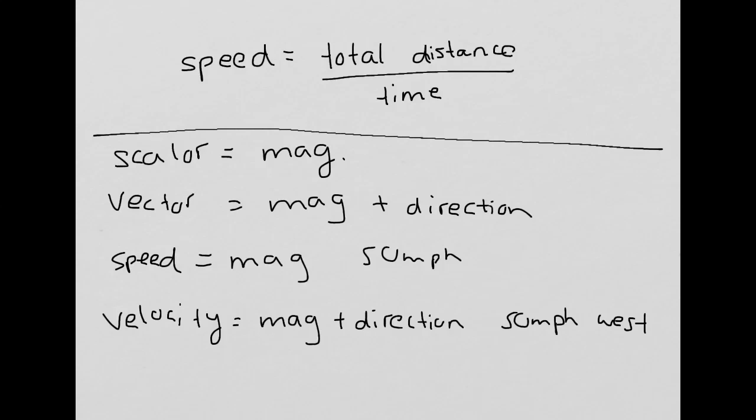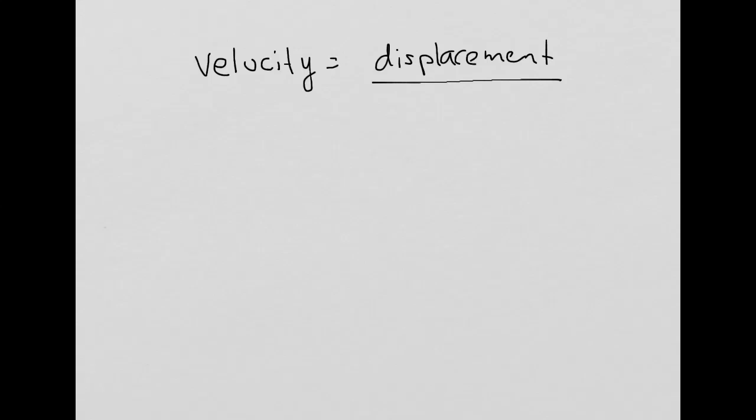Okay, so the formula for velocity is slightly different than for speed. Because velocity takes into consideration direction, and remember from the last video that displacement also takes into consideration direction, velocity is therefore displacement over time.